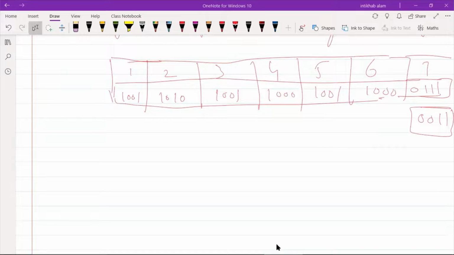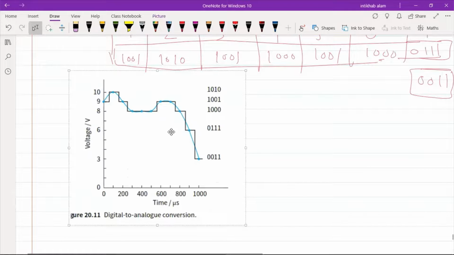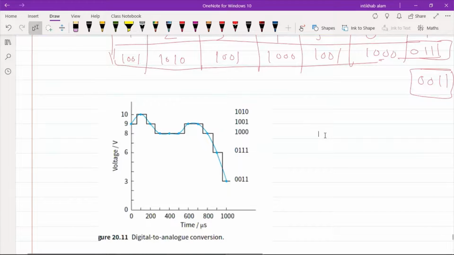Again, getting the help from the table, I have got it over here. Time is definitely the same. I have just plotted these little steps of the digital one. The second step was this, and these steps are exactly of 100 intervals.